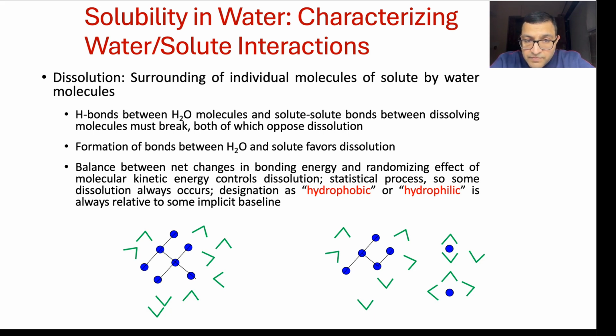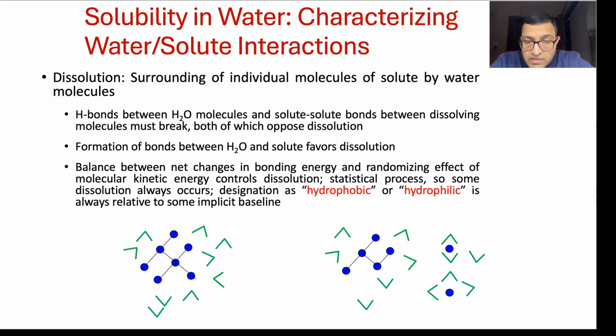water and the solute. And all of this process is governed by two factors: the bonding energy and the thermal kinetic energy of the molecules. So it's a statistical process, and the balance between whether the bonding energy is more favorable than the kinetic energy or vice versa will lead to a molecule being hydrophobic or hydrophilic.